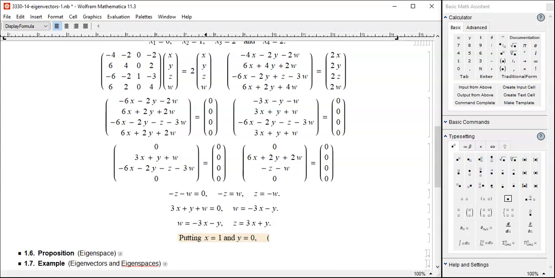We get x equals 1, y equals 0. So 1, 0. And let's see, x is 1, y equals 0, so z is positive 3, w is negative 3.